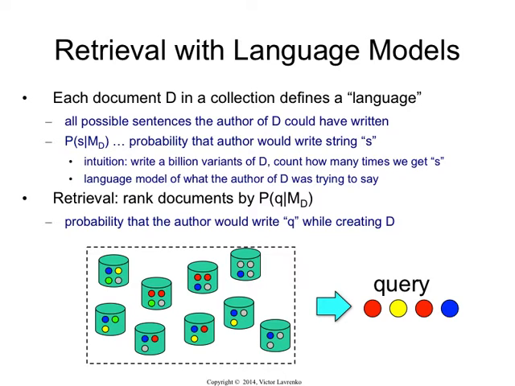What is the probability that this observation came from that document, from that document, from that document? That gives us a number for every one of the documents, and then we can simply rank documents in decreasing order of those probabilities.